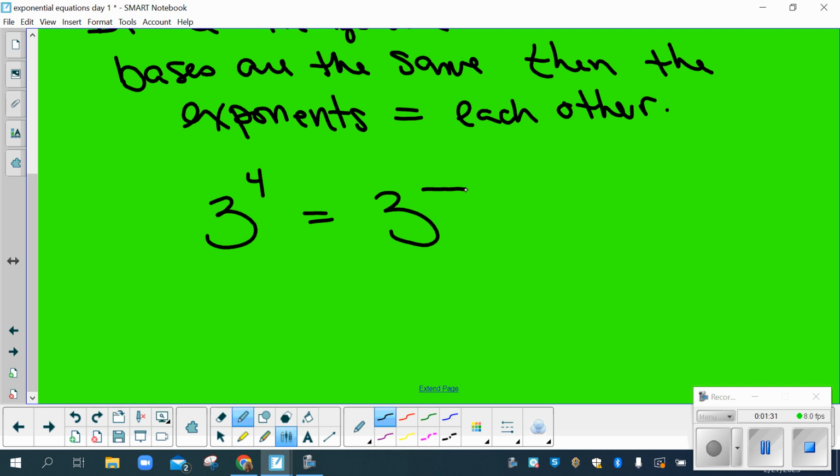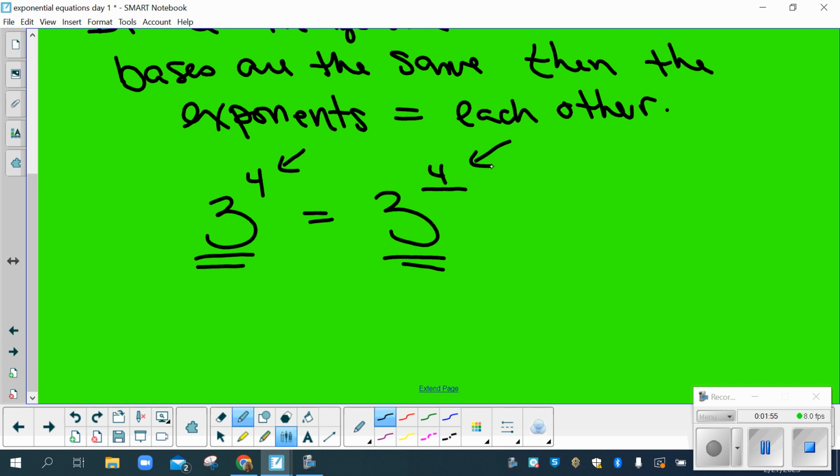What's his only choice? 4th power, right? Because if these guys are the same, then these guys have to be the same. And that's the whole thing, is that if the bases, these big numbers, are the same, then if they equal each other, their little numbers have to be the same, right?